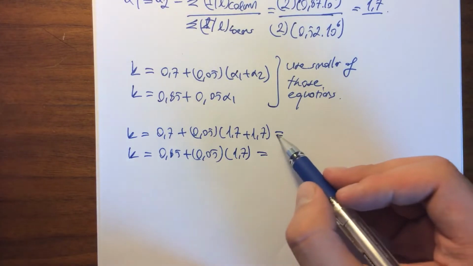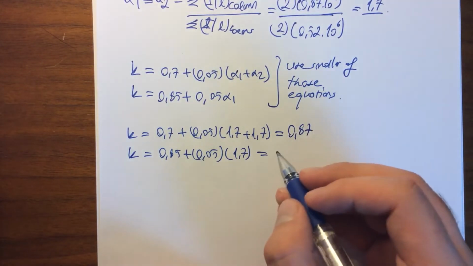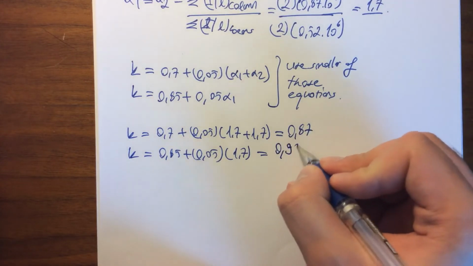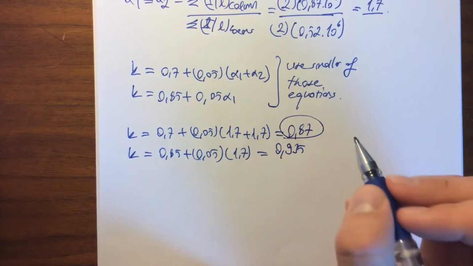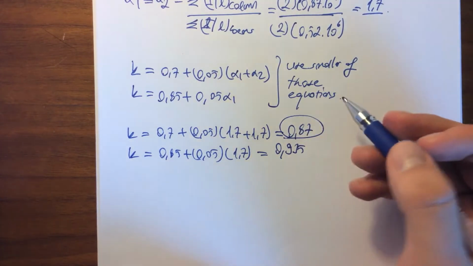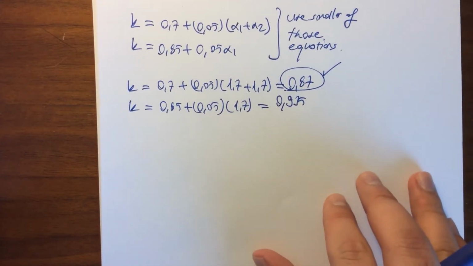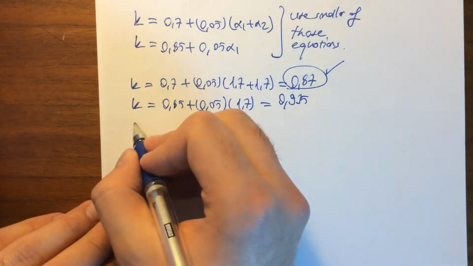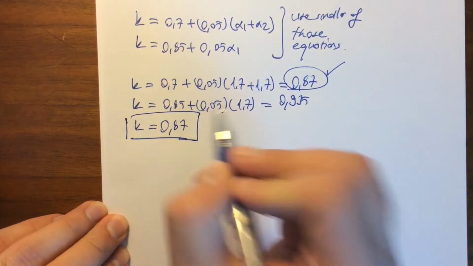So the answer to the first one is 0.87, and the answer to the second one is 0.935. So since 0.87 is the smaller one, we are going to use that one in our calculations. So our k value now is 0.87, okay?